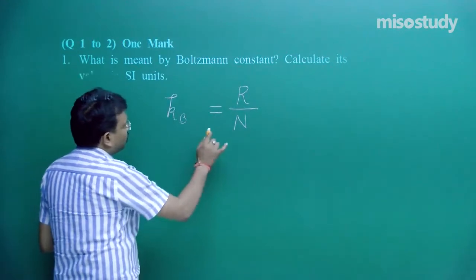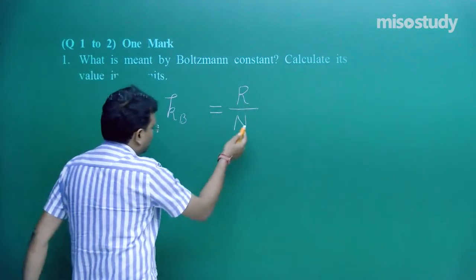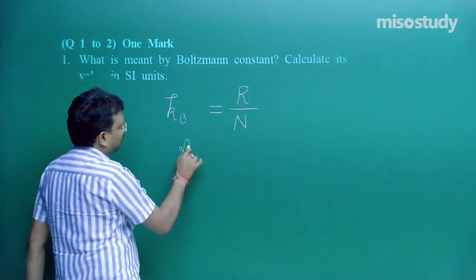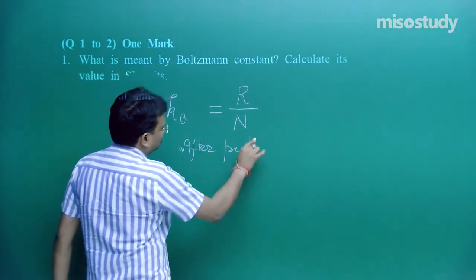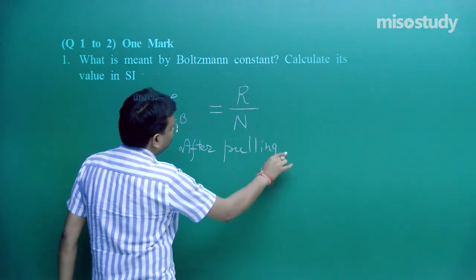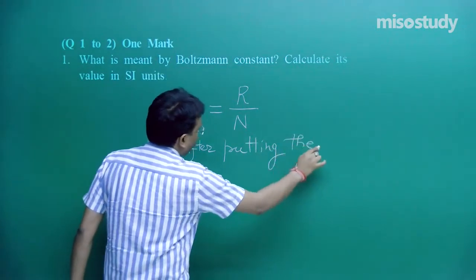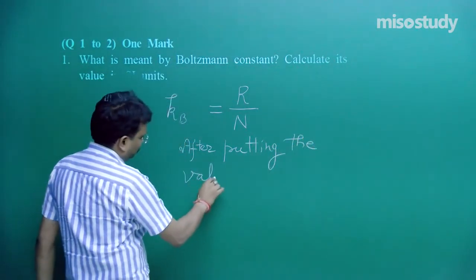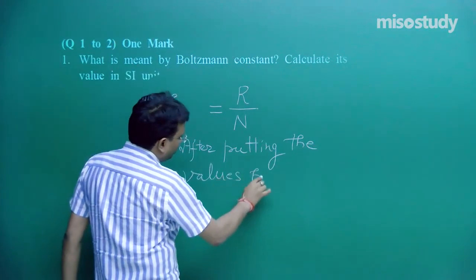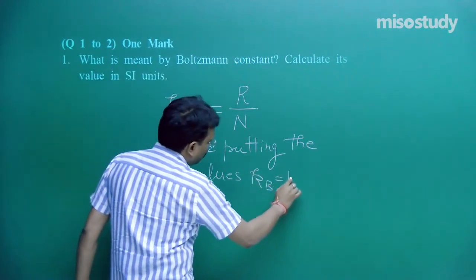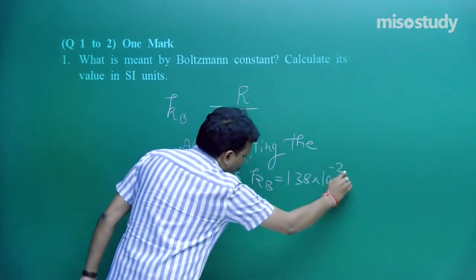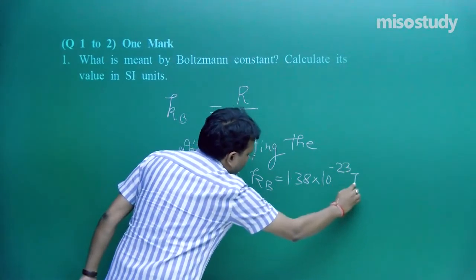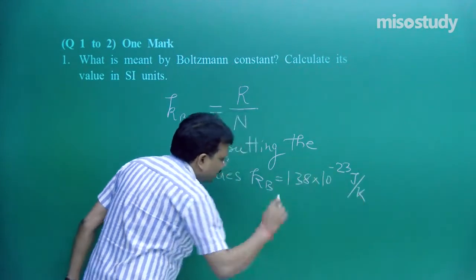After putting the values, KB is equal to 1.38 into 10 to the power minus 23 joule upon Kelvin.